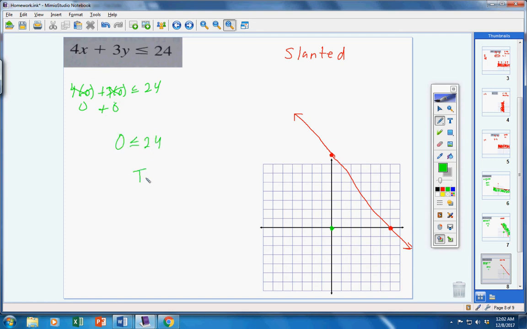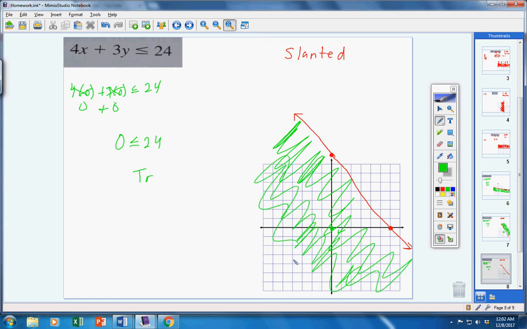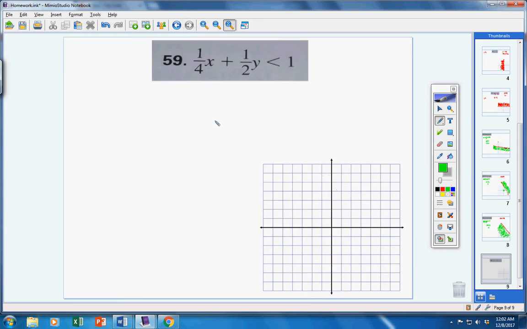That's true, so this point does check. So we're going to shade where that point is. So we're going to shade this way here. Okay? Alright, moving on to our last problem, number 59.